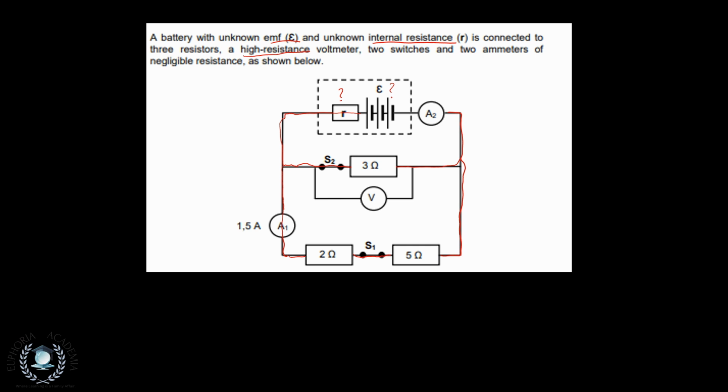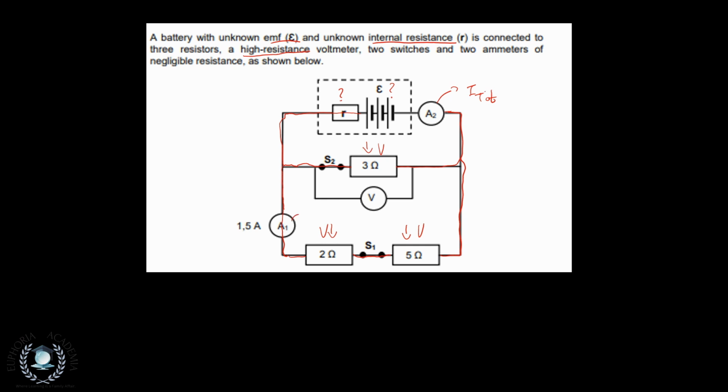Now as we move through resistors, note that there will be voltage drops, so the voltage will drop there as well as here, as well as through this resistor. That ammeter reading is actually the total current, right?